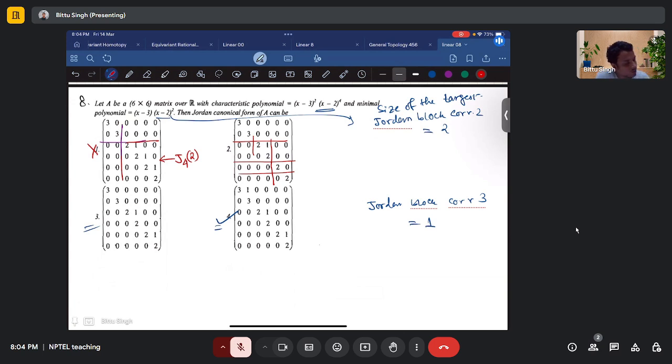For the rest of the options, there is no contradiction we are arriving at. Those are 2 by 2 size Jordan blocks. Similarly here also, yes. So there is no contradiction up to this.